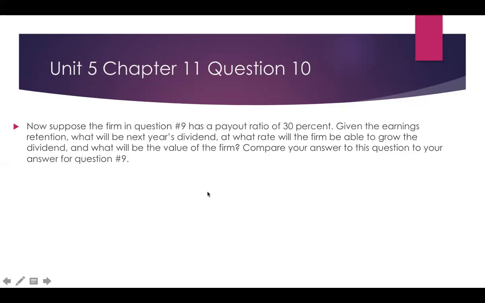So this problem is answered in actually two different parts, because the first thing we'll need to do is calculate G. And what we'll use for that is the sustainable growth formula.